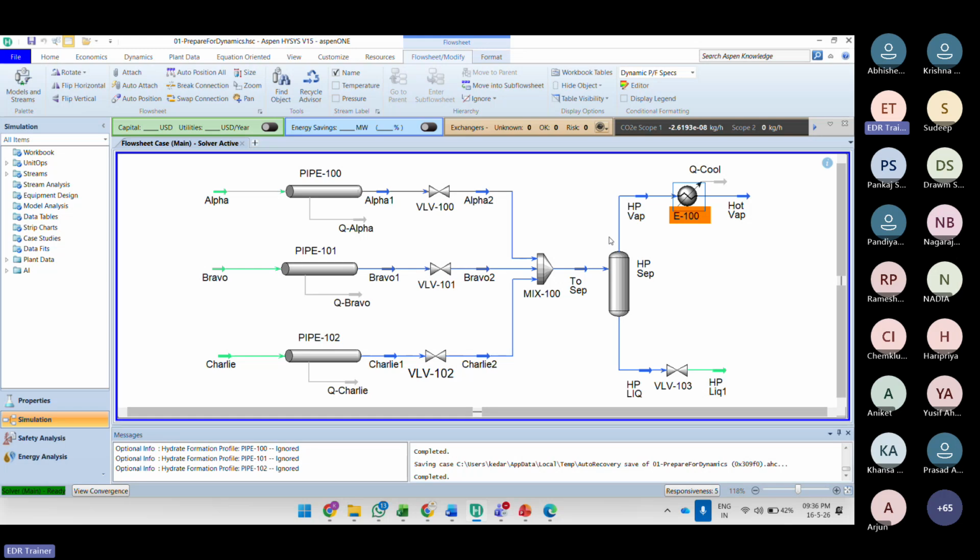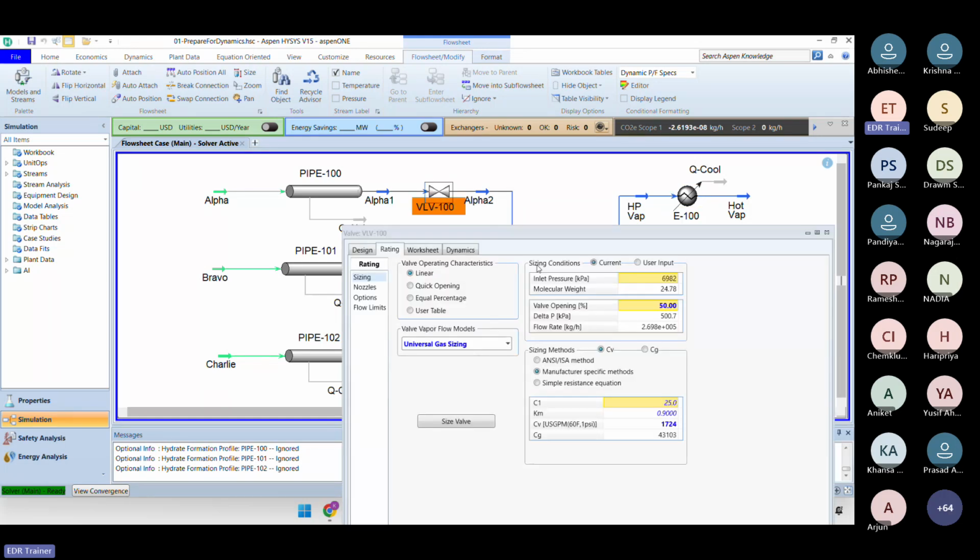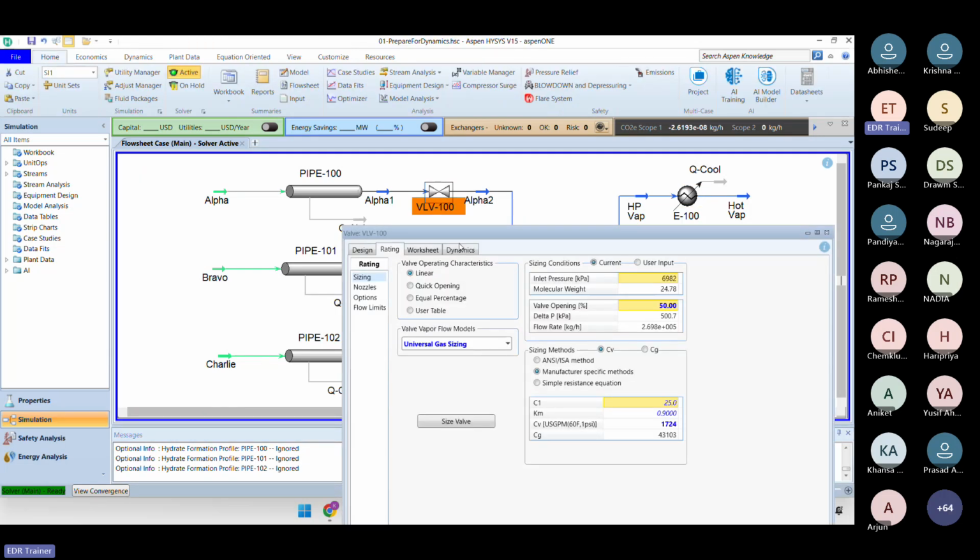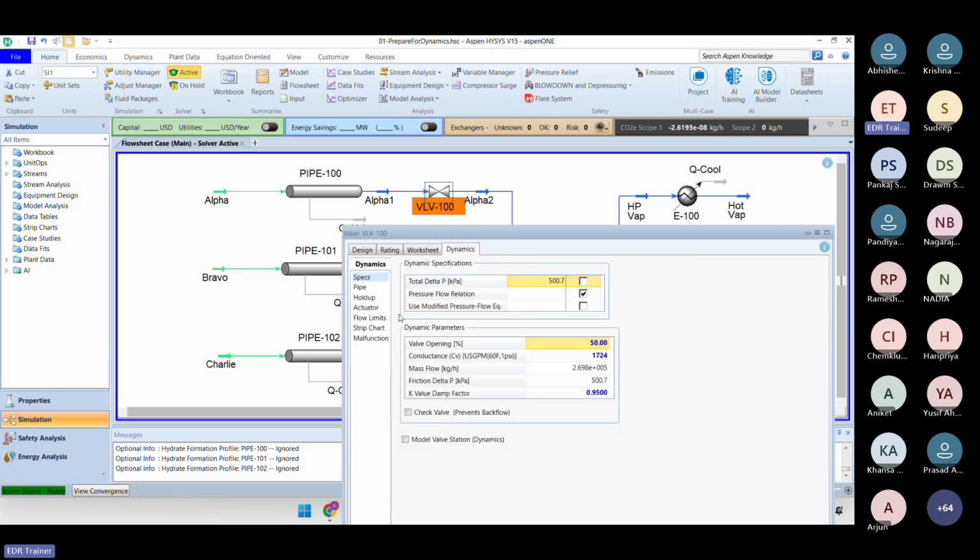One more thing I think we have to do. The pressure flow relation that you have to click here will mostly be clicked automatically by the software. But if it is not, just before you start the dynamic simulation, it is recommended to click on the pressure flow relation, that is the PF relation, and then you can put a check valve so that it prevents backflow.